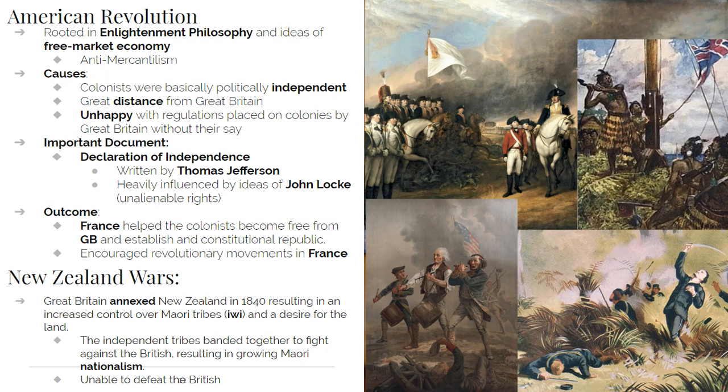What was going on in America was the fact that they were British subjects, yet no one was born in Britain anymore. They were all born in the colonies. People started coming over in the early 1600s with Roanoke and Jamestown, and now we're at 1776, so almost 200 years later. So these people are born in the colonies.